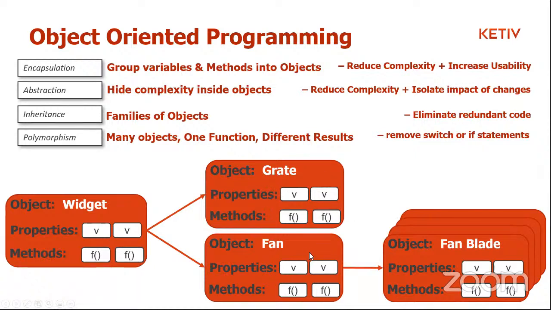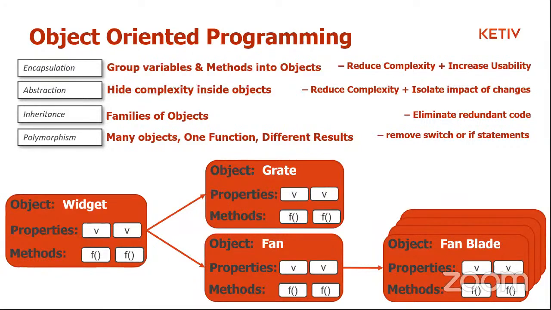And same with the fan, they'd have different properties and different methods, different variables and functions that would work in there. What this does is it reduces the complexity and increases usability, because you can have several different instances of the fan that you are just putting different variables into, and you can call those same methods.